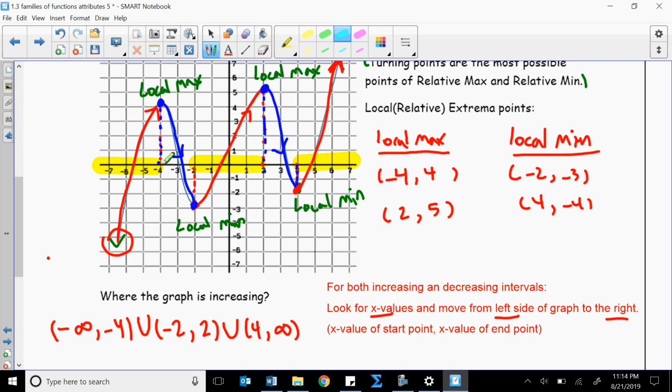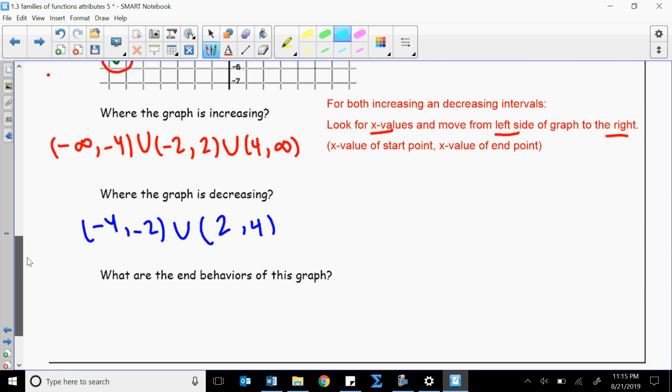We were writing these two intervals, from -4 to -2 and 2 to 4. These two were my decreasing intervals. In the interval from -4 to -2, my function is decreasing. Or for example, in the interval from -2 to 2, my function is increasing. So that's how we talk about increasing and decreasing intervals of our function.